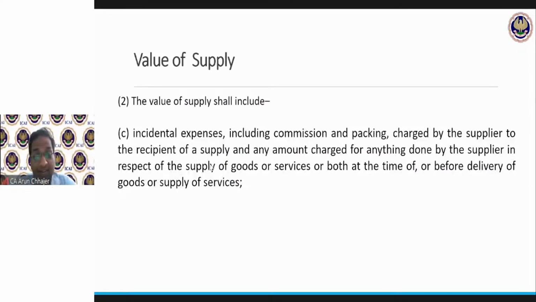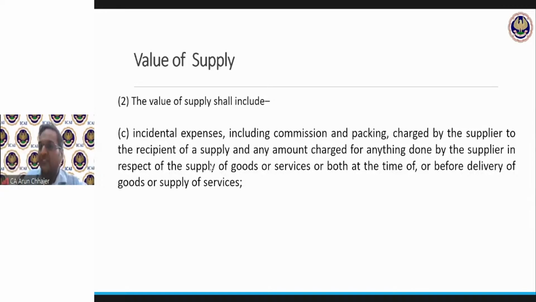See, now there is one important point. Please do not go by the name of the expenditure. Suppose, let's say in this example, XYZ has supplied petrol worth rupees 2 lakh, will it be added in the value?